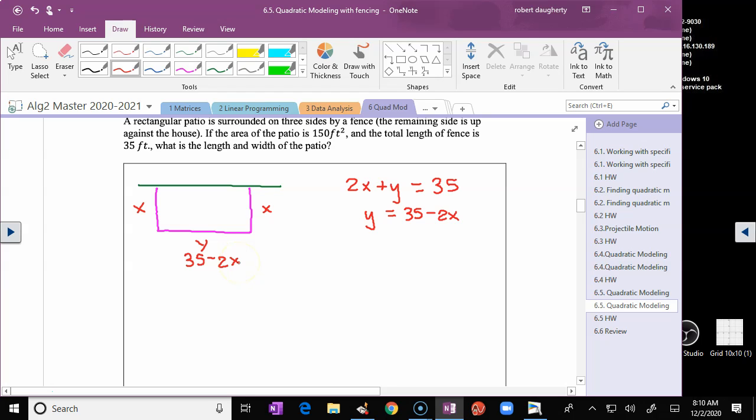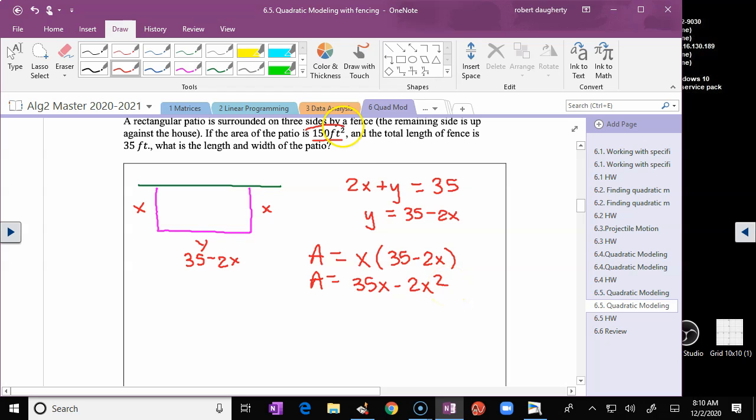Now, they tell me that the area of the patio is 150 square feet, and they want me to find the length and width of this patio, okay? So I know that the area of this patio is going to be x times 35 minus 2x. So this means that the area is 35x minus 2x squared.